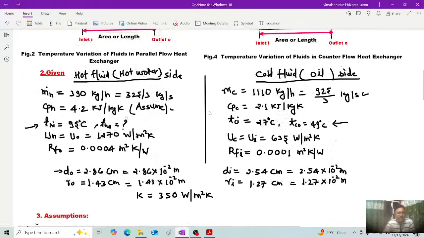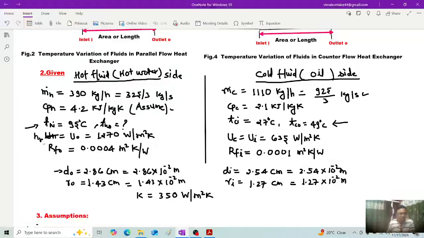So the value of HO, let me correct this notation here. This is the value of convective heat transfer coefficient, not of overall heat transfer coefficient.